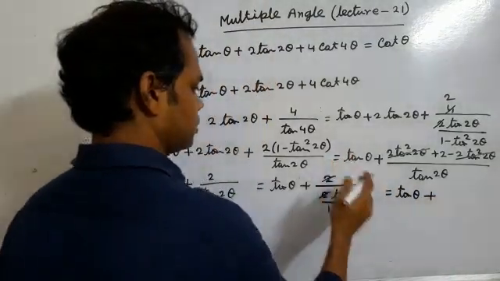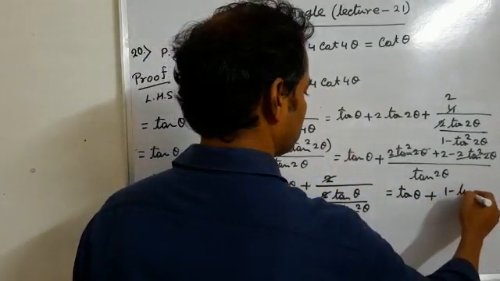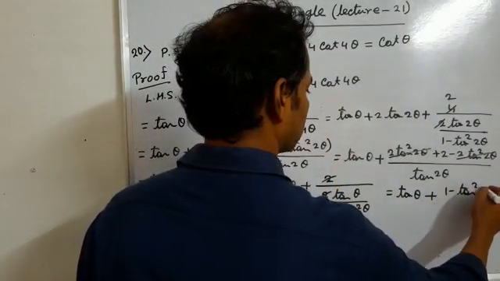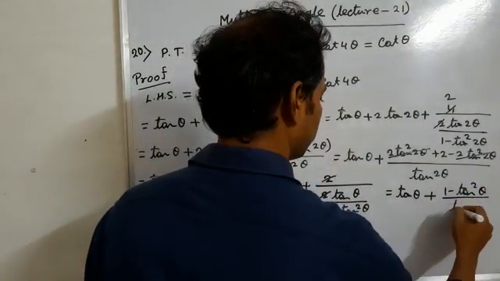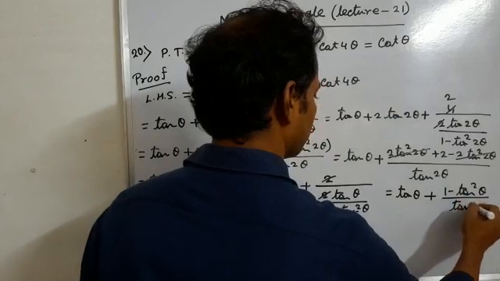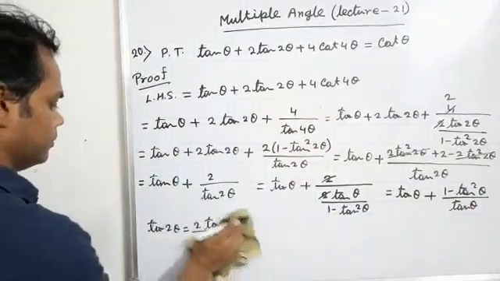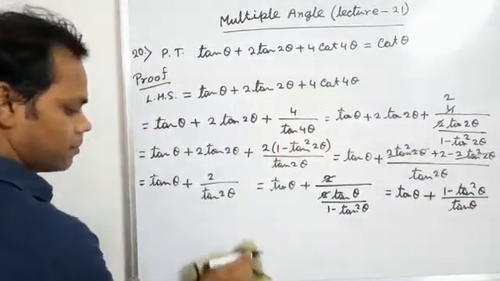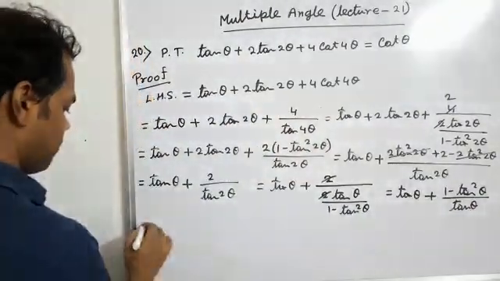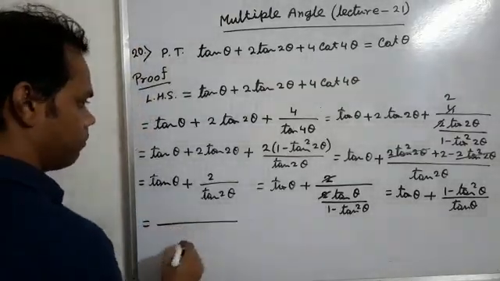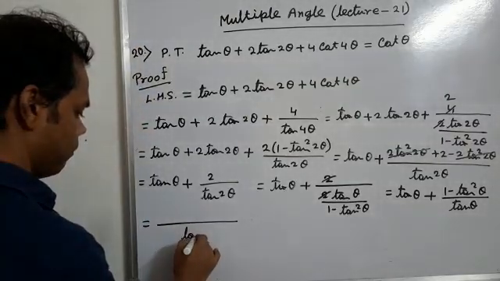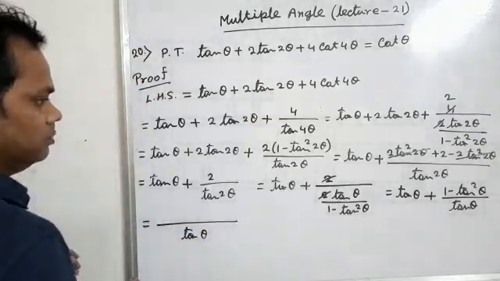Plus 1 minus tan square theta by tan theta. Tan theta is the LCM.